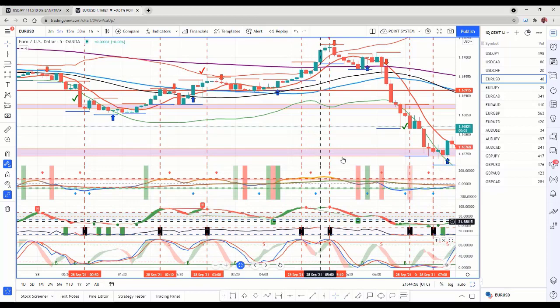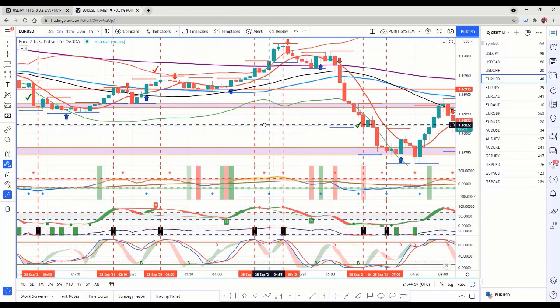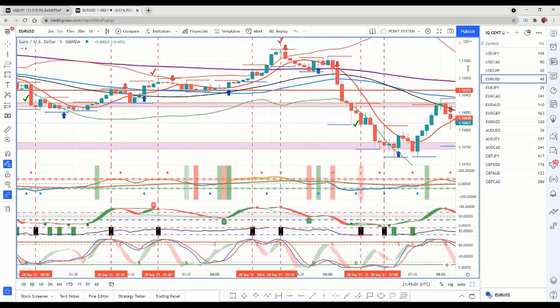Is this enough? No. So I skip that. Look at this. Touched the support. It happened right on all this, but I wouldn't have entered the trade here also. Broke the Bollinger Band. It's coming from the support.